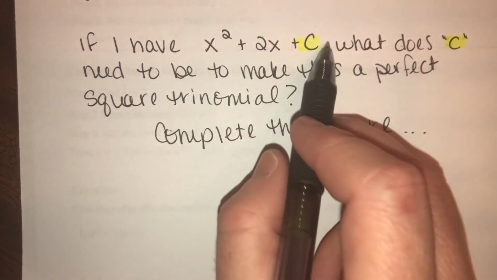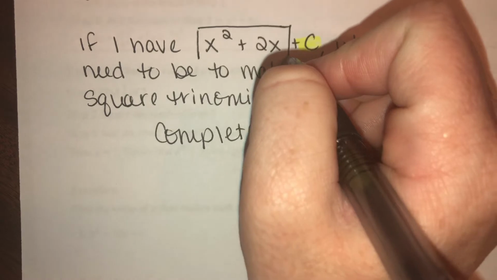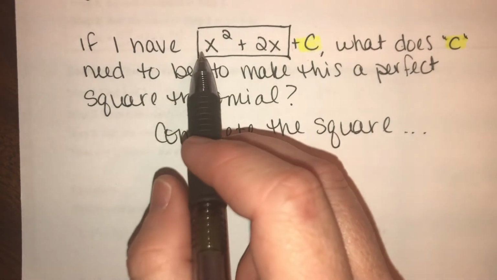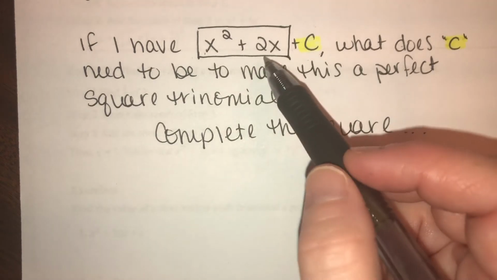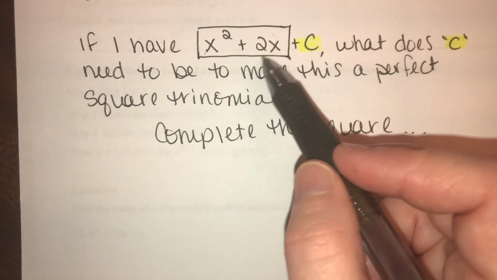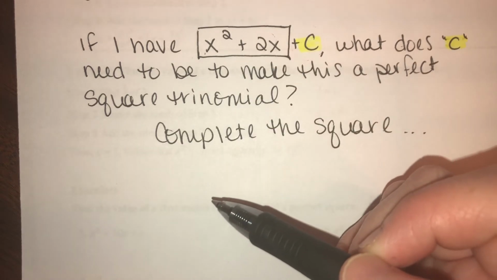I've got this one right here. I'm trying to solve for C, so I'm just going to focus on this part right here. The number in front of x squared is just, there's no number, it's a 1, perfect. So I'm going to look at the number in front of x, my b value, divide it by 2, and then square it, right?